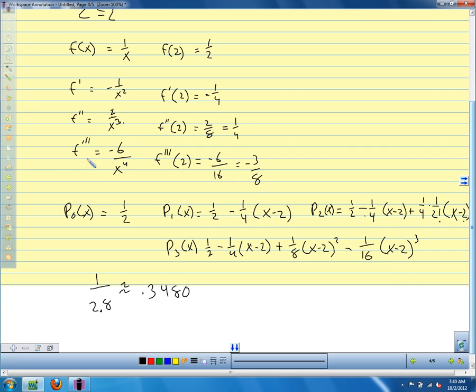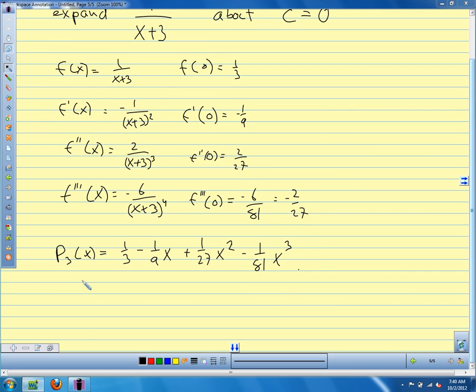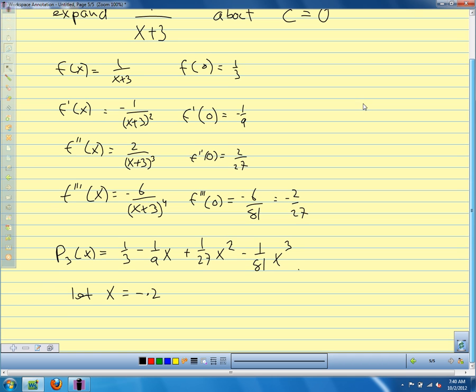And if we expand 1 over x plus 3 about c equals 0, I let x equal negative 0.2, since negative 0.2 plus 3 is 2.8. So I plug in negative 0.2 into this, and with this approximation I get approximately 0.3571.